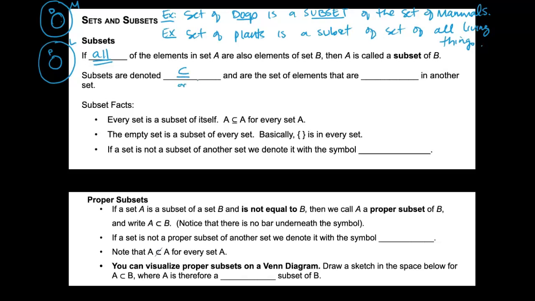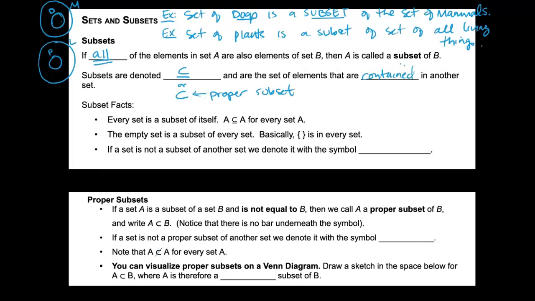There's also another symbol, and it's just the U. This means proper subset, and I'll talk about what that means in a minute. But if you just use the sideways U with the line underneath, you can consider that to mean subset. So they're denoted by this symbol and are the set of all elements that are contained in another set.